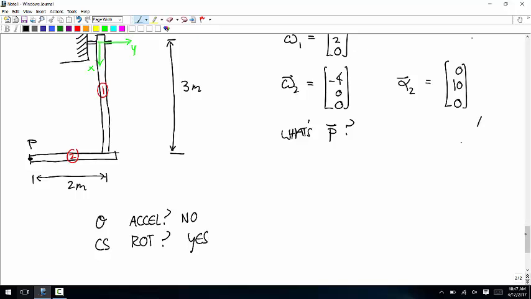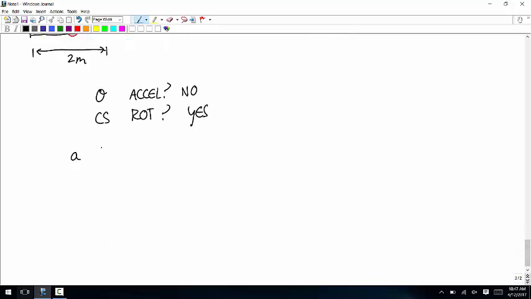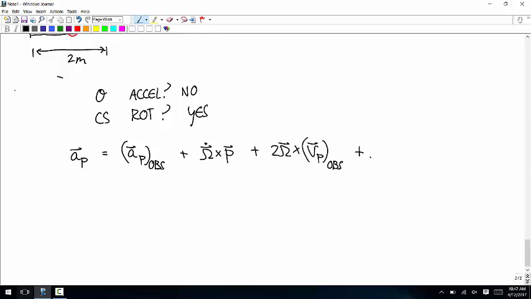So that means the equation is going to be the acceleration of p is equal to the acceleration of p that's observed, plus omega dot cross P, plus 2 times omega cross the velocity of P that's observed, plus omega cross quantity omega cross P.